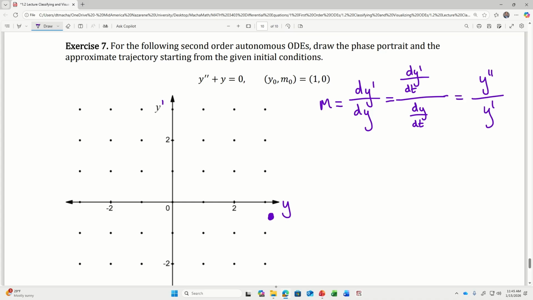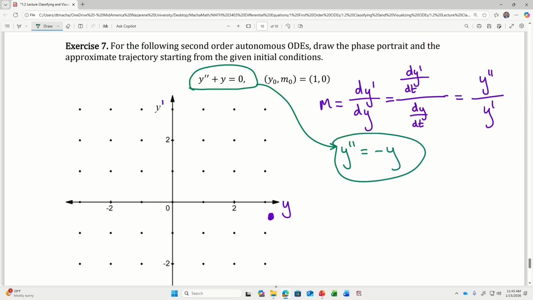When I look at this differential equation, I can rearrange this to say that y double prime is going to be negative y. So here in the numerator, I can just write negative y.